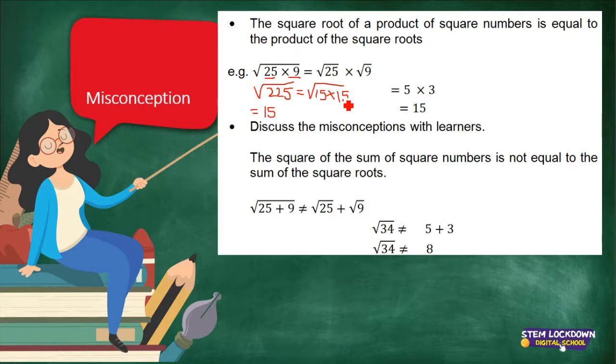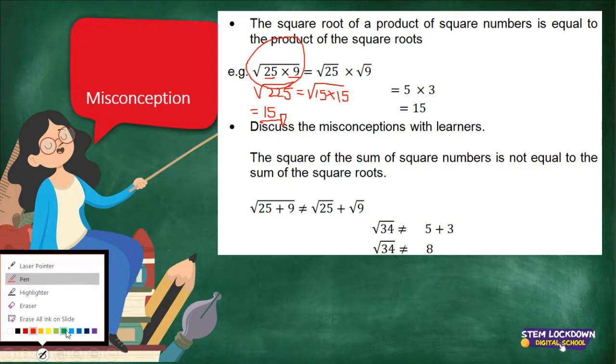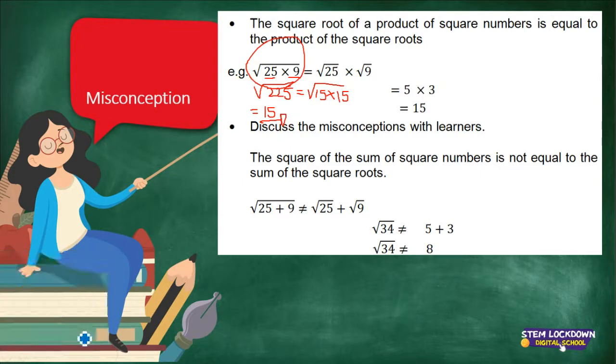If you're not sure, you can just use a calculator for this one. Here, I'm trying to show you that this can be written in this format. Let me use blue because I'm doing the other side now.